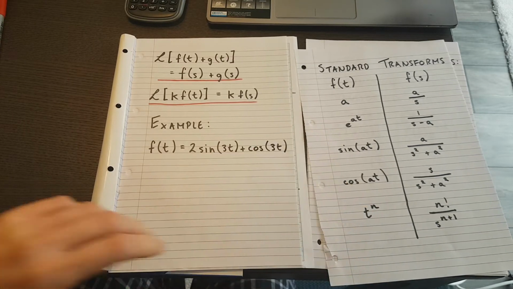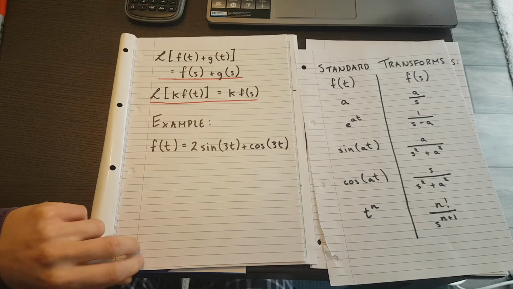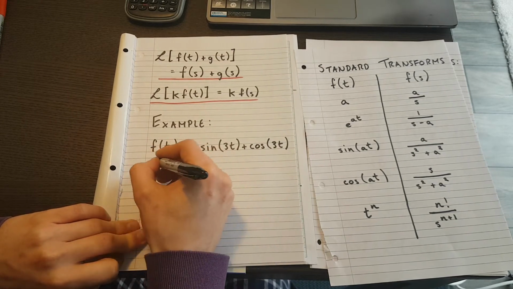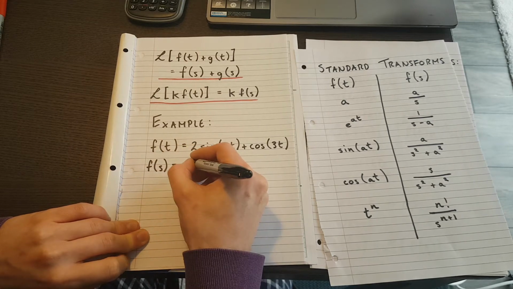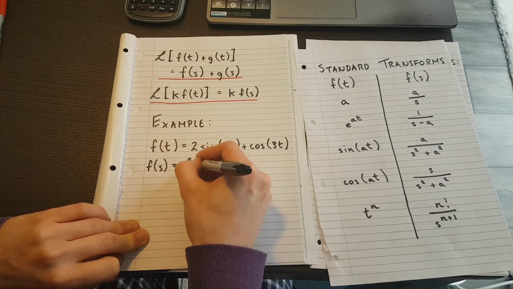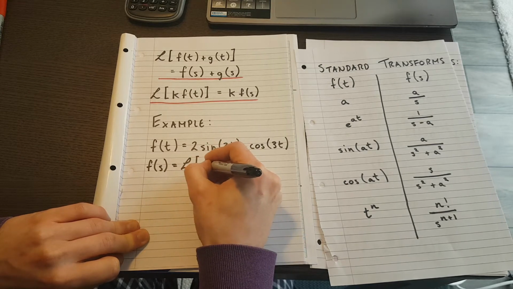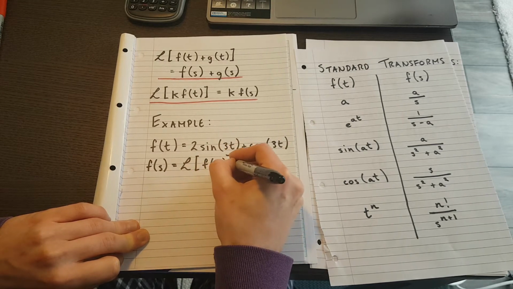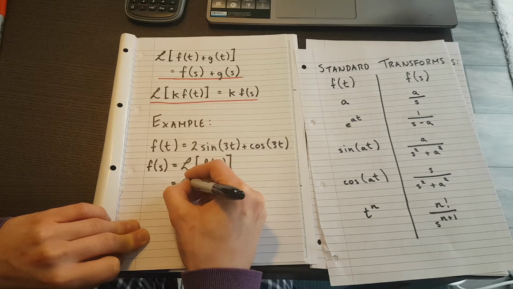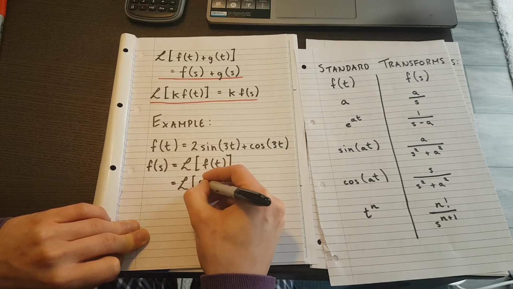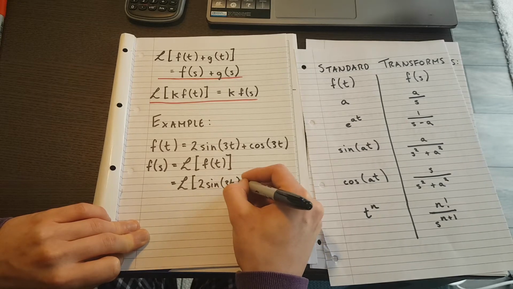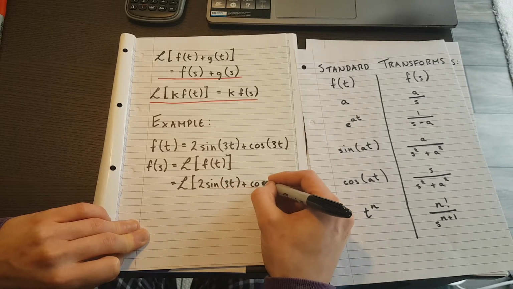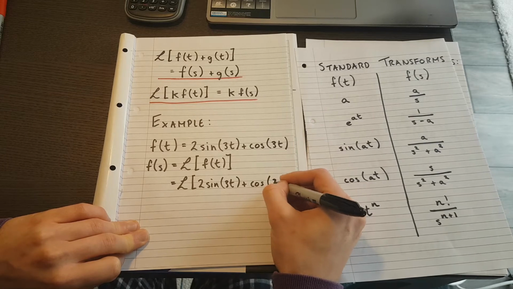This is an example that's in the notes. Well then, F of s is what? That's the Laplace transform of f of t, which is the Laplace transform of 2 times the sine of 3t plus the cosine of 3t.